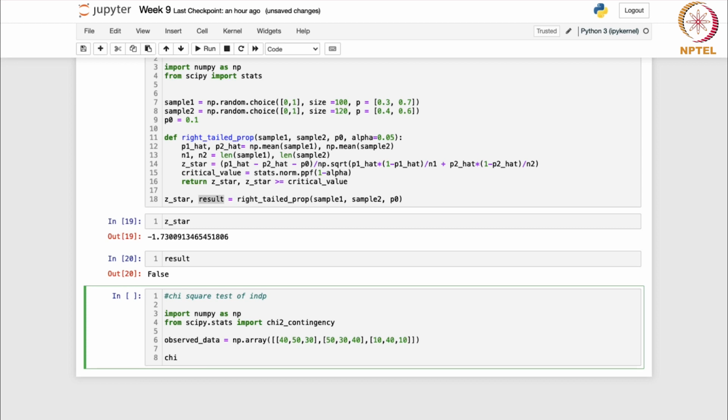It is easy to do that because we already have that function. The p-value will also be computed, degrees of freedom would be there, and also the expected frequencies. We will use this function on observed data.